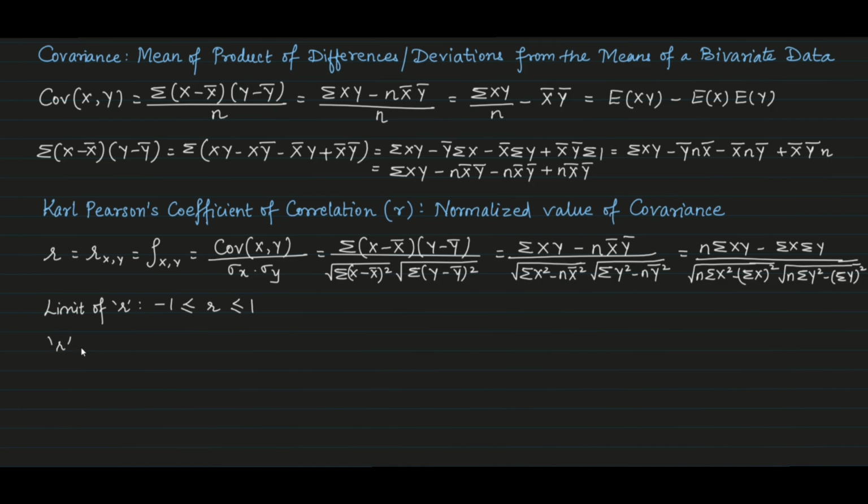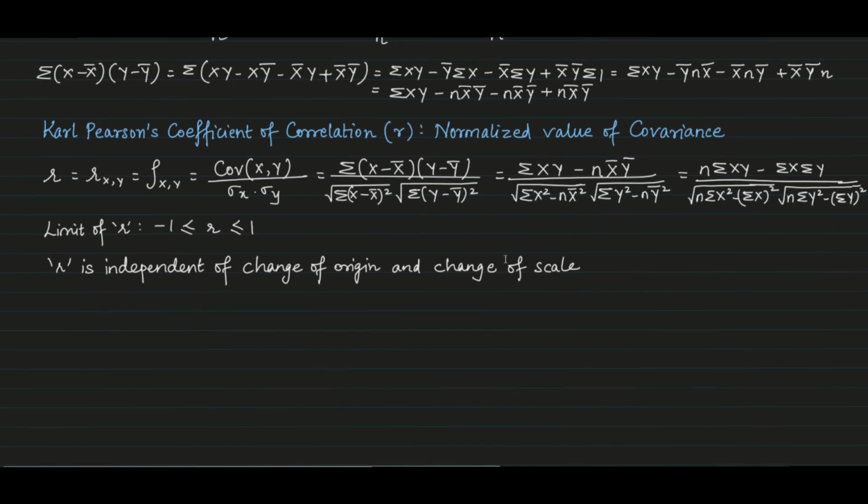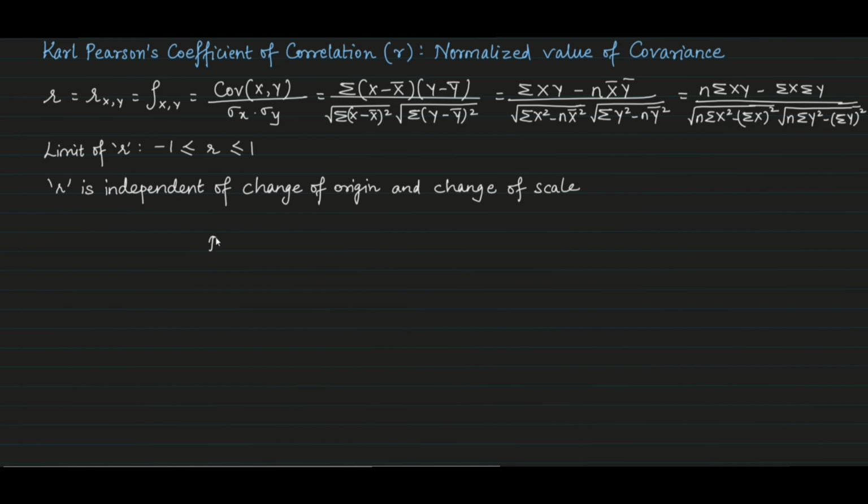Karl Pearson's coefficient of correlation is independent of change of origin and change of scale. When I mean change of origin, the data points are shifted from one point to another point.